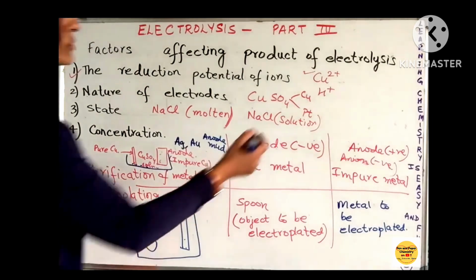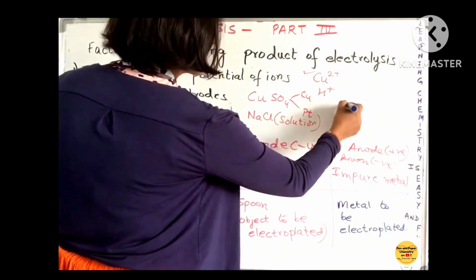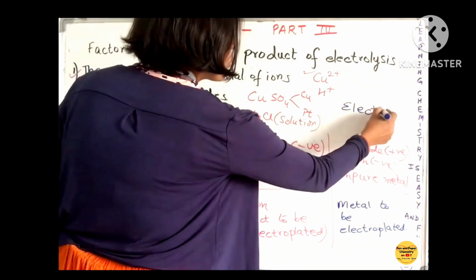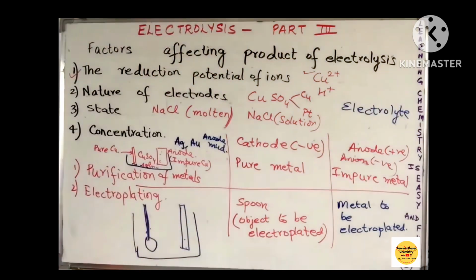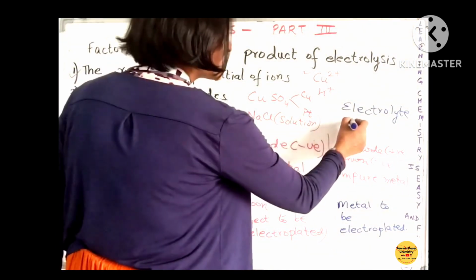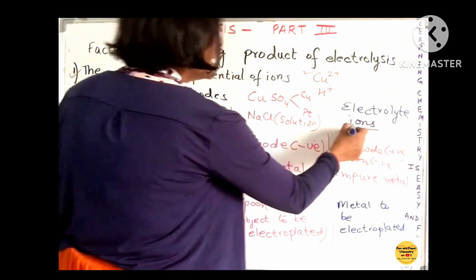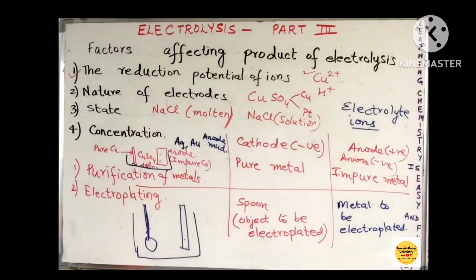Yes, we can also talk about the electrolyte. What electrolyte will you take in each of the two cases? Yes, very important is that the electrolyte should have the ions of the metal which I want to electroplate or I want to purify.